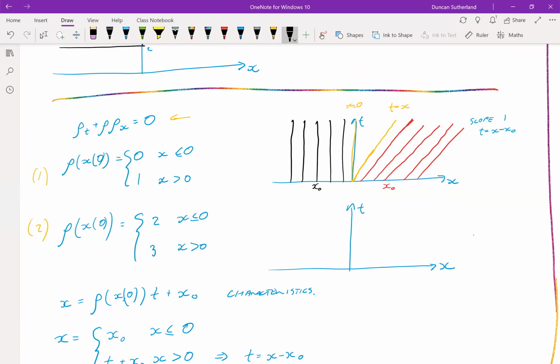We know what's happening to the density on the right of this characteristic. Our density is constant on the characteristics. We already established that. So everything to the right, like this, we know that the density is 1. Similarly, everything to the left of this characteristic, we know the density is 0.